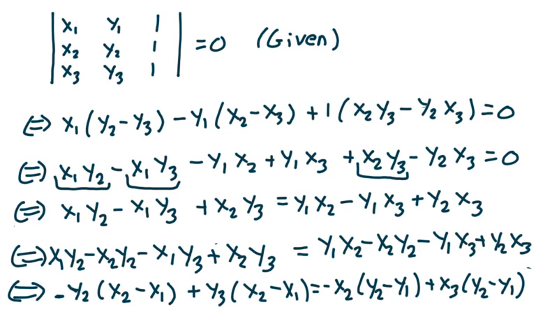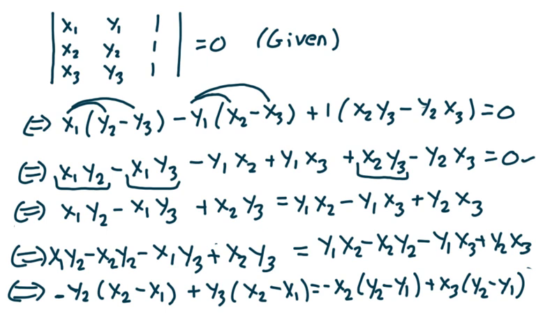I'm going to distribute the x1 inside to each term here, and distribute the minus y1 inside to each term over here. So this is true if and only if x1 y2 minus x1 y3 minus y1 x2 plus y1 x3 plus x2 y3 minus y2 x3 equals 0.